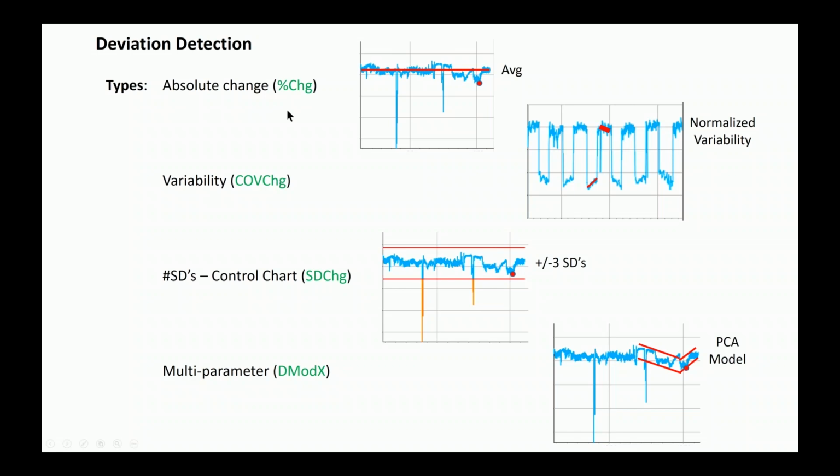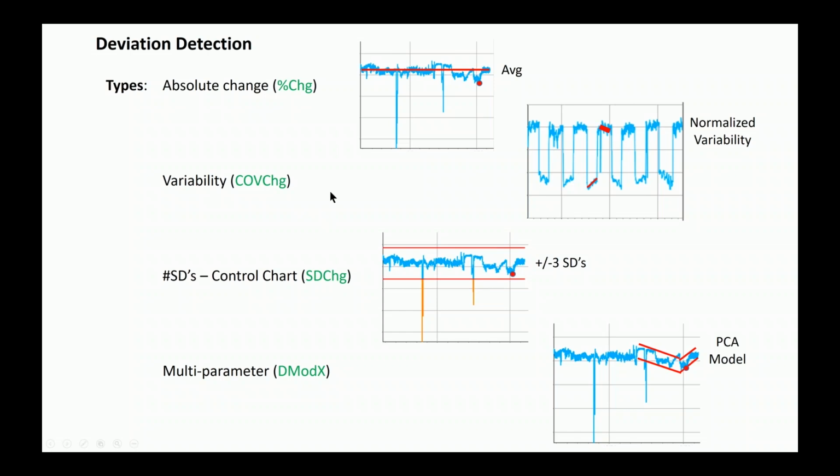First is the simplest, percent change. We take a base period where things are running well, we get the average, and then when we look into the future and something's wrong, we want to know how much it's changed from the average. That's the simplest one. Variability: we want to know, has the variability changed in some way?